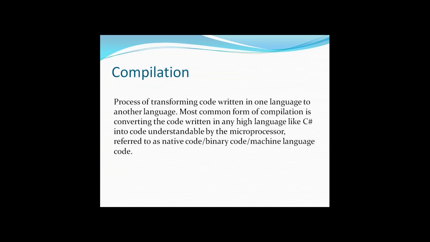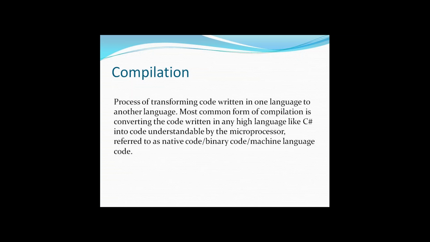Fine, no problem. Let me explain what is compilation. Compilation is a process of converting the code written in one language to another language. Even converting your Java code to .NET or .NET code to Java is also called compilation.